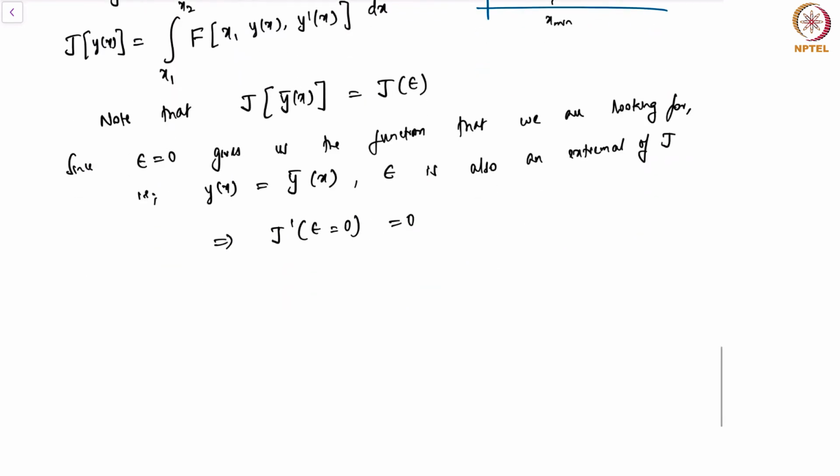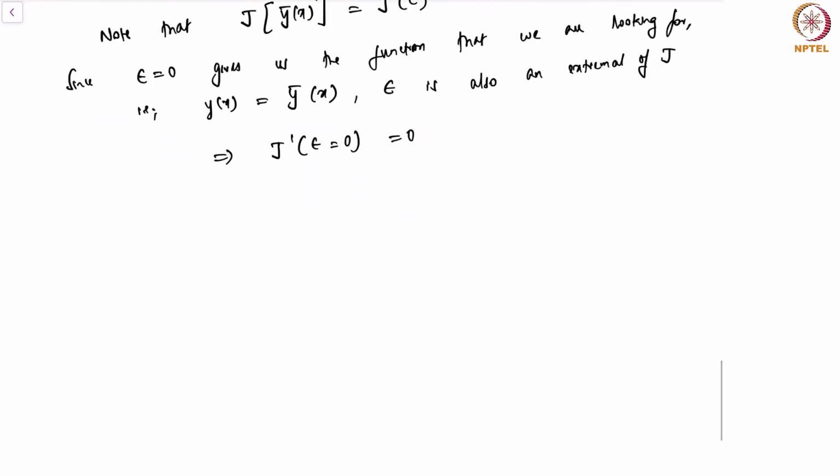Similarly, the only variation is epsilon that you're varying. And because epsilon is the only quantity being varied, when epsilon goes to 0, we have hit the minimum, the extremal of this functional. Therefore, J prime of epsilon at epsilon equal to 0 should also be 0.